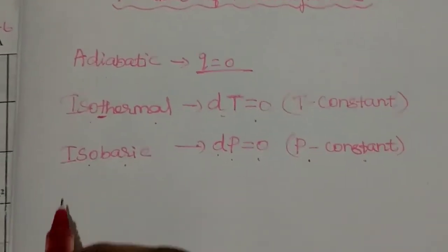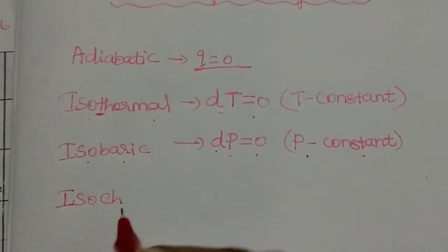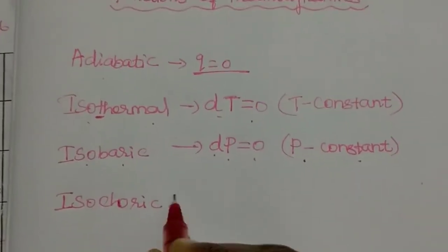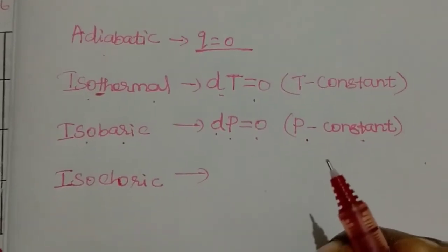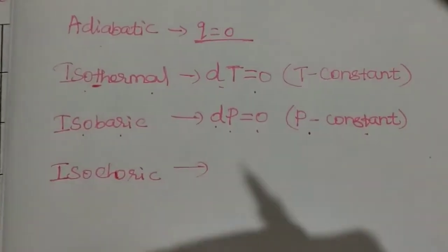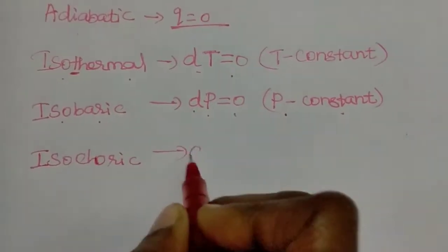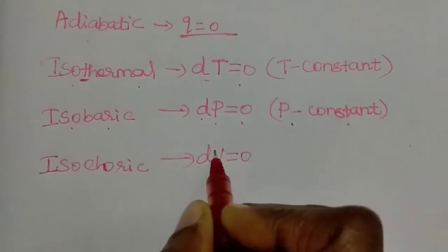Then what is the next one? Isochoric process. In isochoric process, which one do we consider constant? Volume is constant. So how to write? Difference in volume is equal to 0.